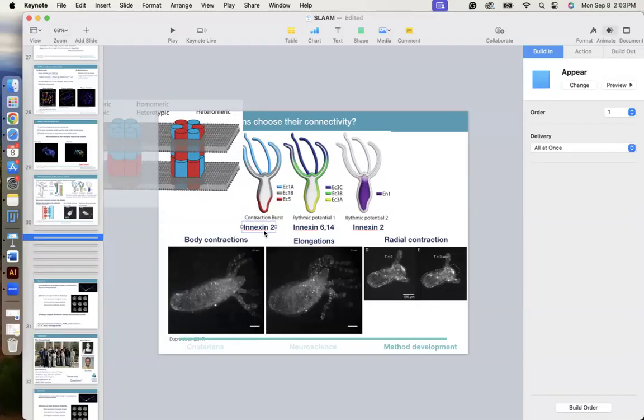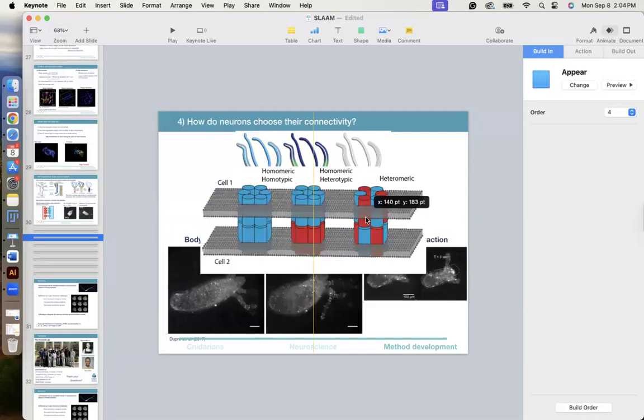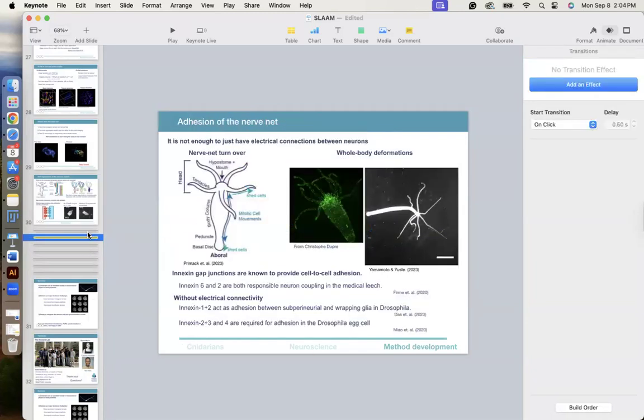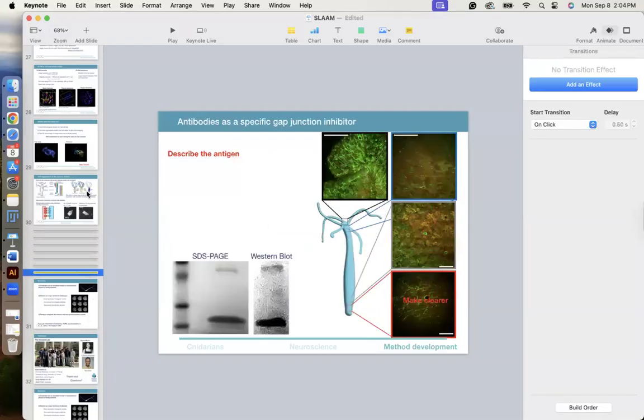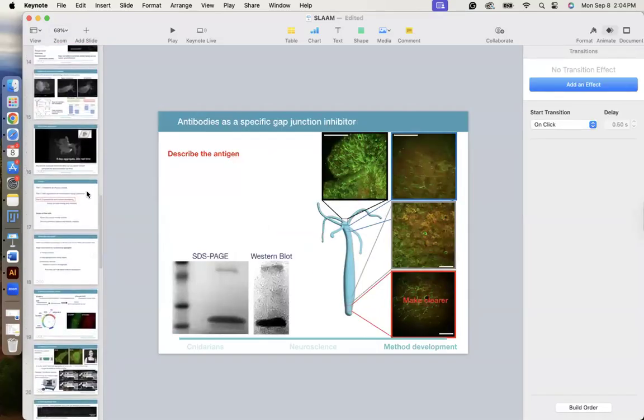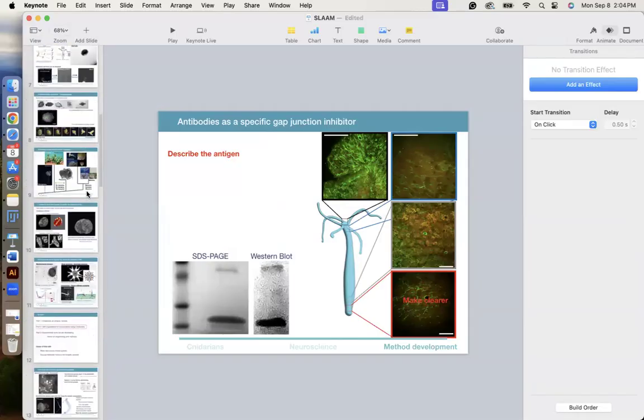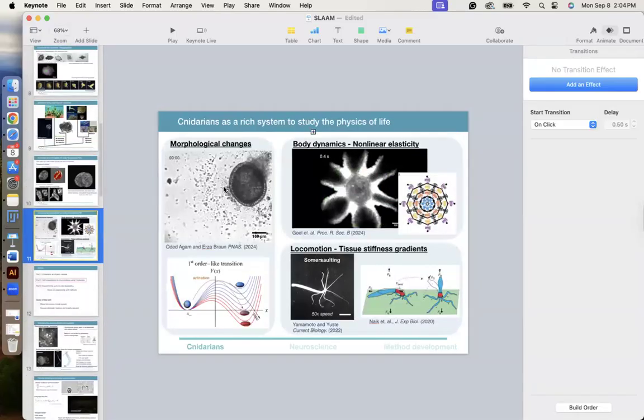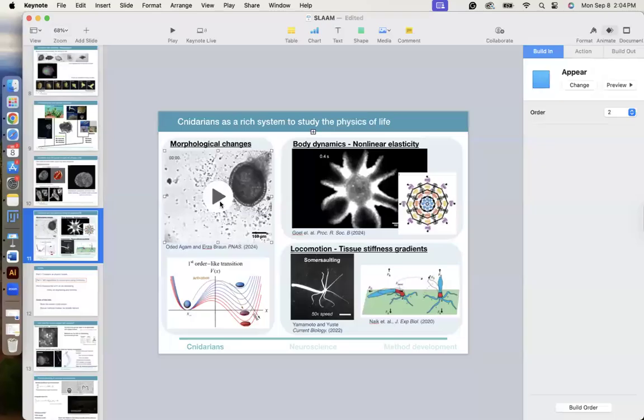Mm-hmm. And another question is that neurons can move in an electric field. So have you done anything with that? Great. So I haven't, but there is work here that was looking at morphological transitions in Hydra.